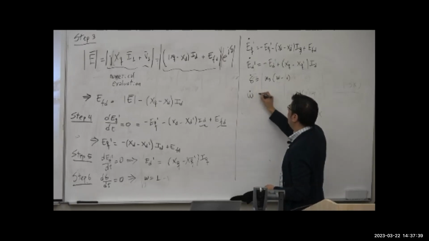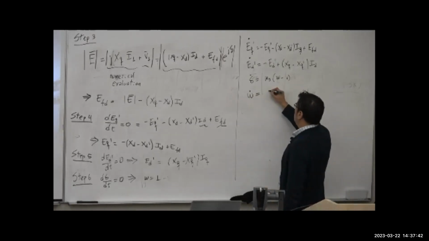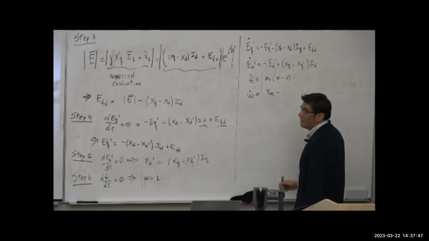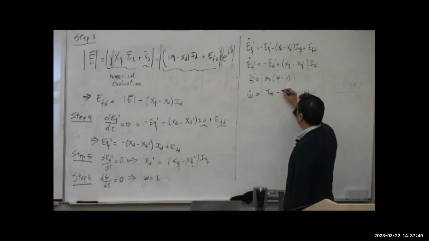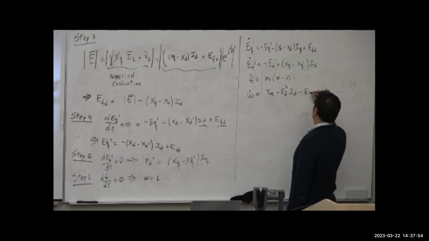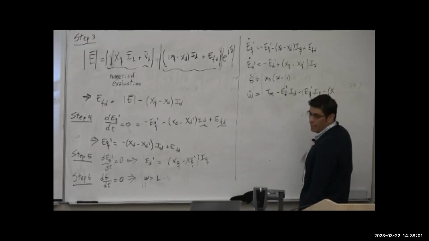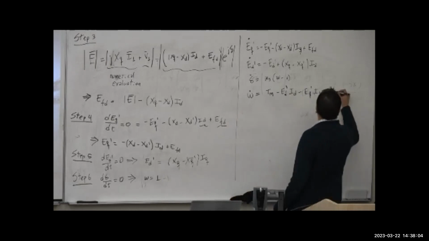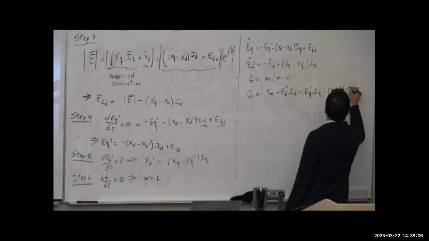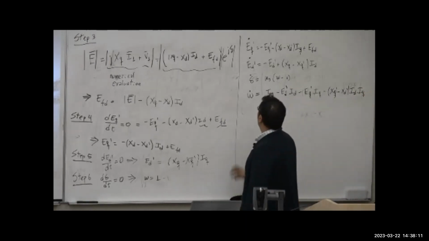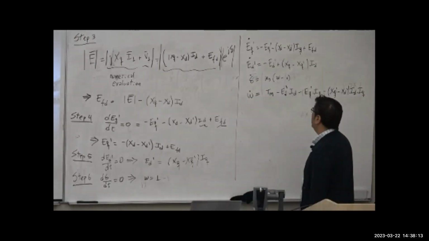And then you have omega dot equal to the mechanical torque minus the electrical torque. And the electrical torque is going to be the product of those two terms minus x down. So those are the differential equations.